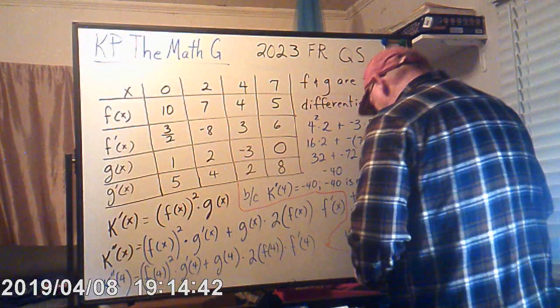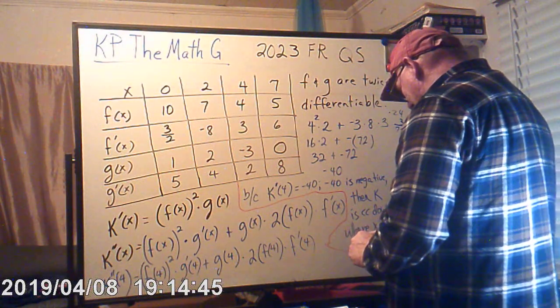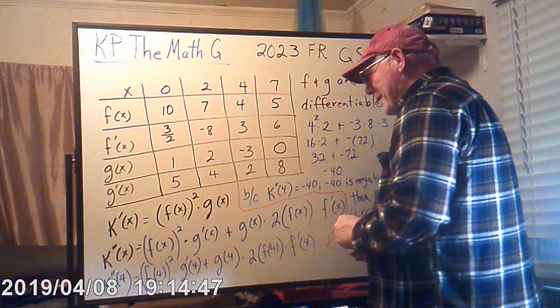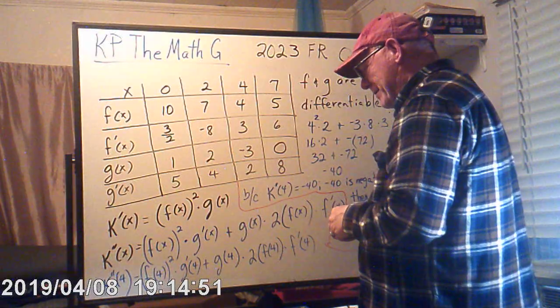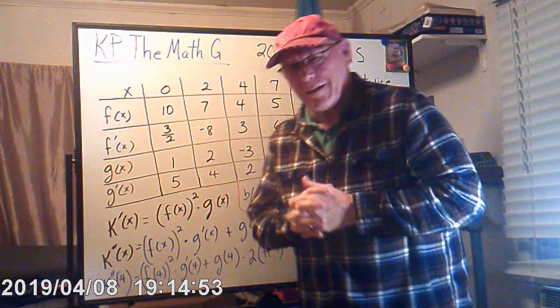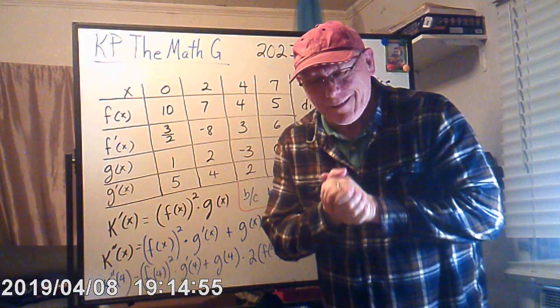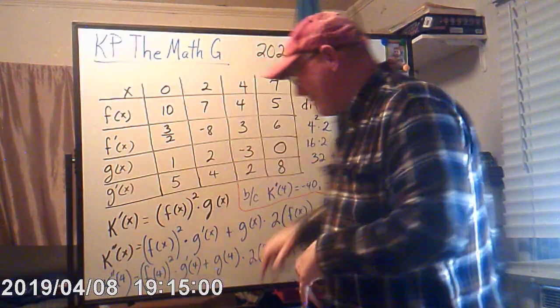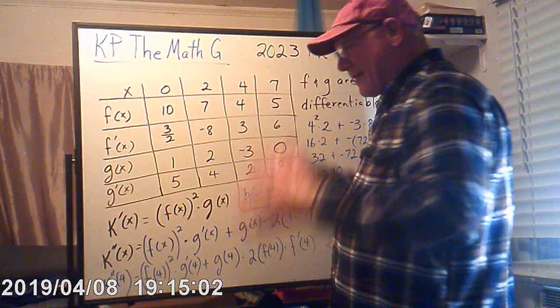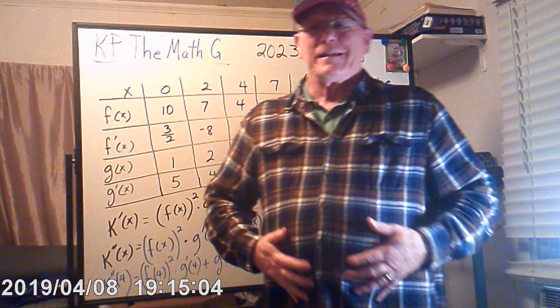Okay, right there. Then K is concave down where x is equal to 4. Okay, there we go. We got it. Please forgive me for missing that right there. That took up about 10 minutes to figure out.